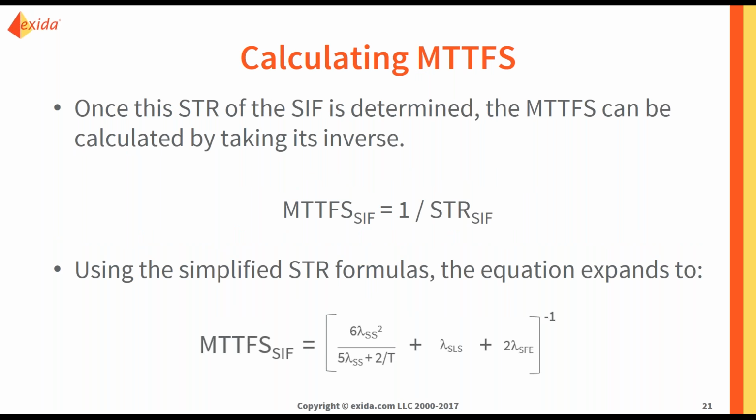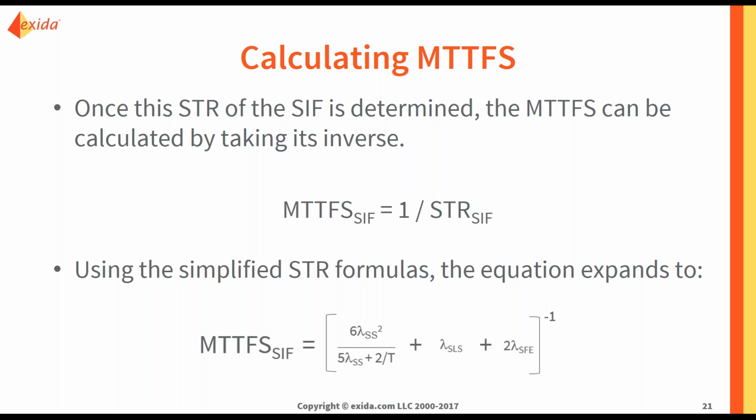Now, if we'd like to calculate the MTTFS instead, you would simply take the inverse of that STR equation. I do have a quick warning here that you want to watch your units. As I said, the STR is typically expressed in failures per hour, but the MTTFS is typically expressed in years.